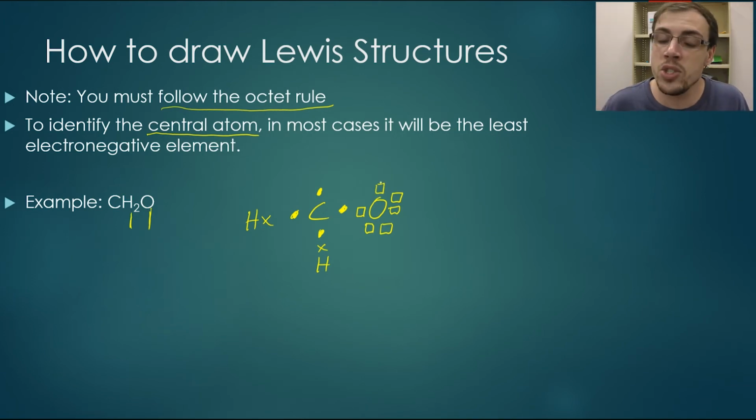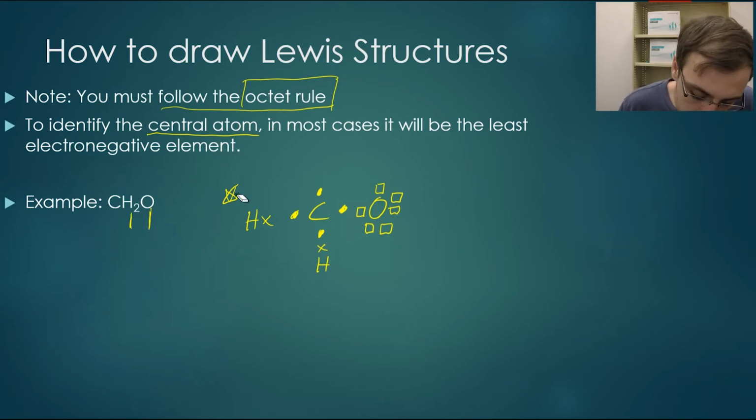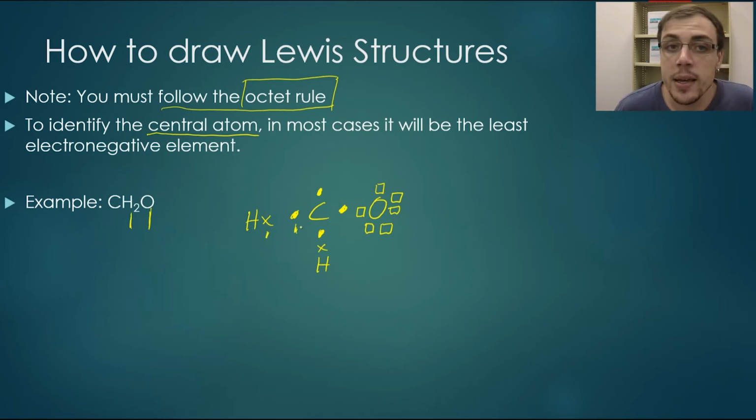So what we need to do is go through each of these elements and check to see if each and every single one of them is happy. By happy, it means is the octet rule being abided? Let's look first at our hydrogen over here. Is hydrogen happy? We can see that hydrogen has 1 electron here and 1 electron here.